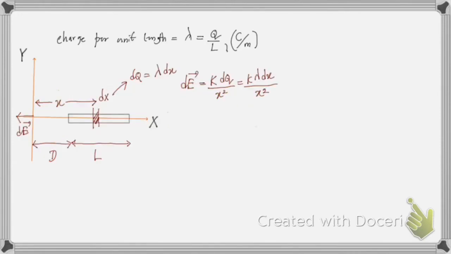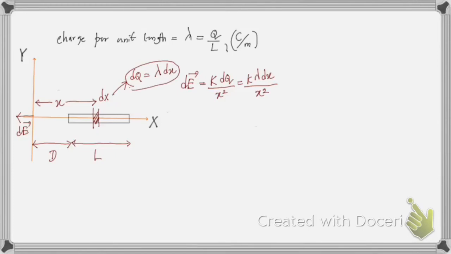Now again, I'm going to consider one segment which is x away from the origin of the coordinate system, that is our observation point, and the length of this segment is dx, and the amount of charge on that segment is dq, which is lambda times dx.